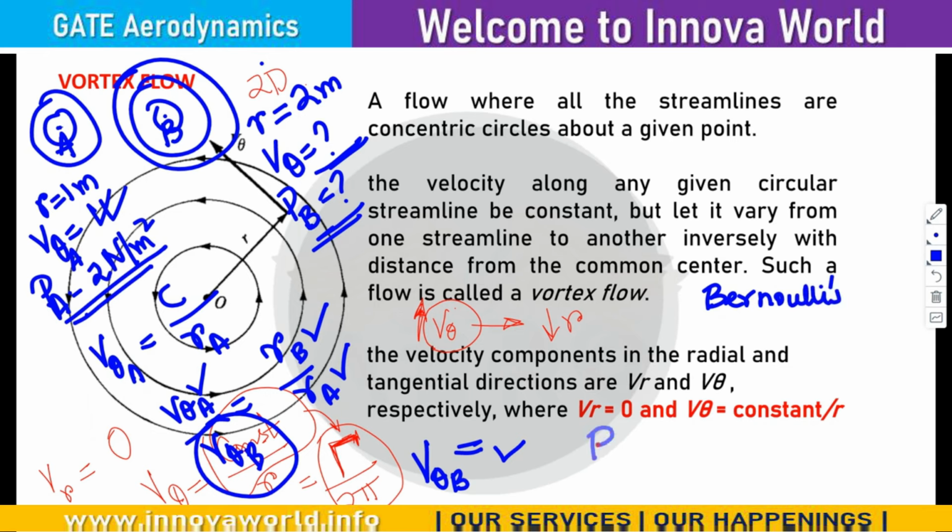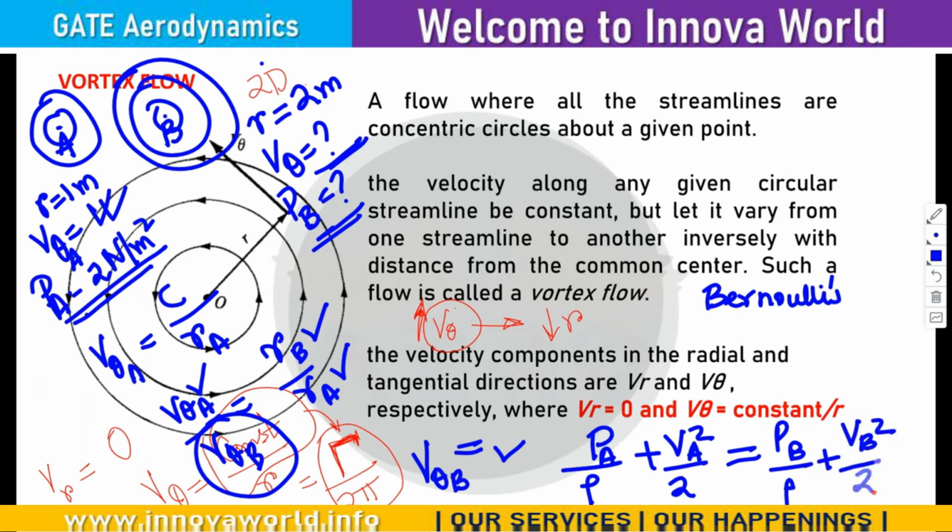What is the formula? P by rho plus V square by 2, if this is for A, then the same for B. You have to use this formula. You know all the parameters, and you can find out the unknown one.